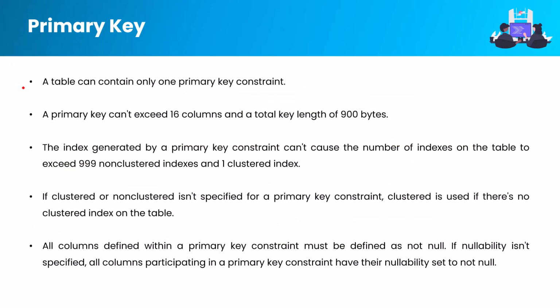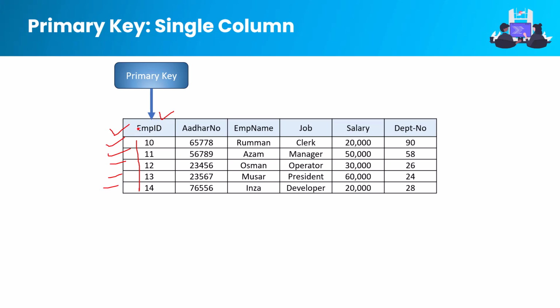The first point is saying that the table can contain only one primary key. Okay, so one table can only contain one primary key. More than one primary key cannot be contained. For example, in your employee table, you can see this employee ID is unique.